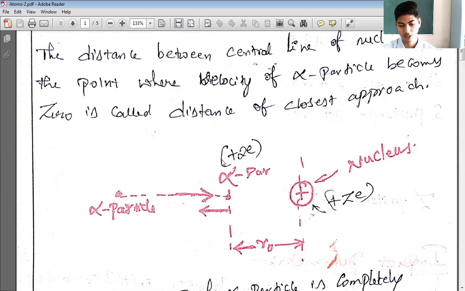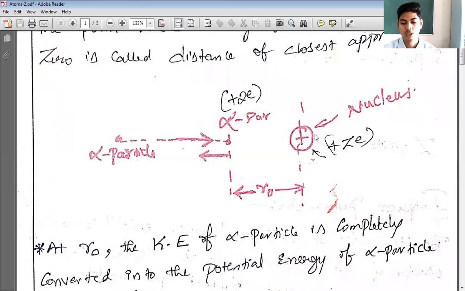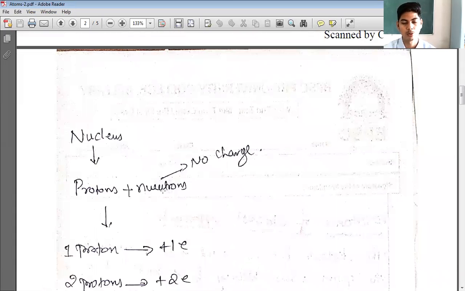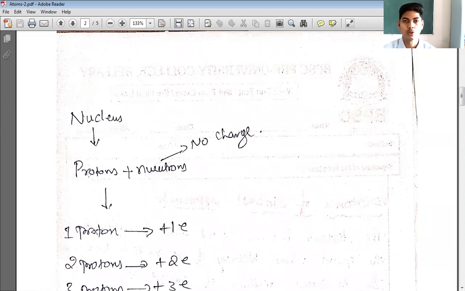The charge on the alpha particle is plus 2e, whereas the charge on the nucleus is plus Ze, where Z represents atomic number. You must know how to write the charge on a nucleus. We know only protons and neutrons are present in the nucleus. Neutrons do not have any charge, so the charge contribution of the nucleus is only because of the protons.